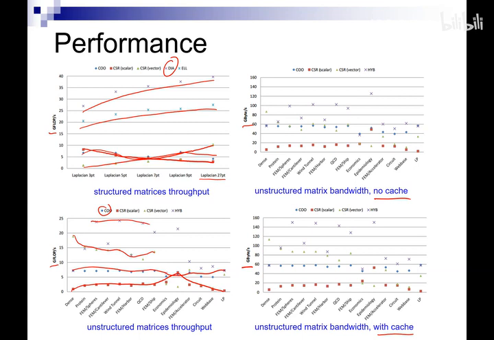However, what's interesting is that the memory bandwidth only improves for some kernels. If you compare these two charts, the top one and the bottom one, you see that for the COO and the CSR formats, there's basically no difference in the memory bandwidth. If you look at the blue dots and the red dots on top and on the bottom, they're basically the same.